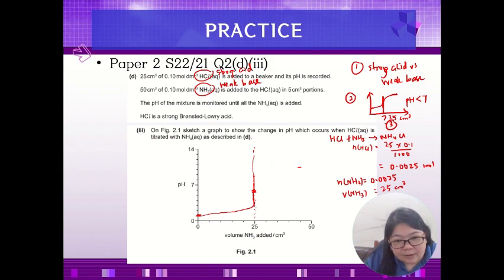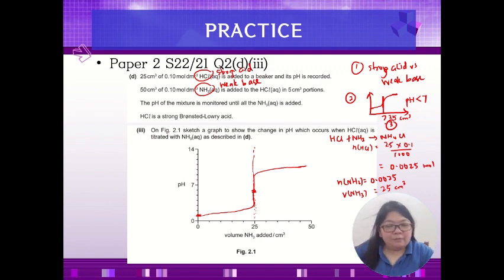Then go up. Right, so this will be my sketch for the titration for this HCl and ammonia.